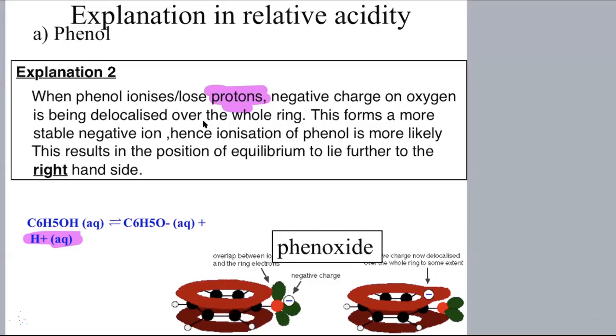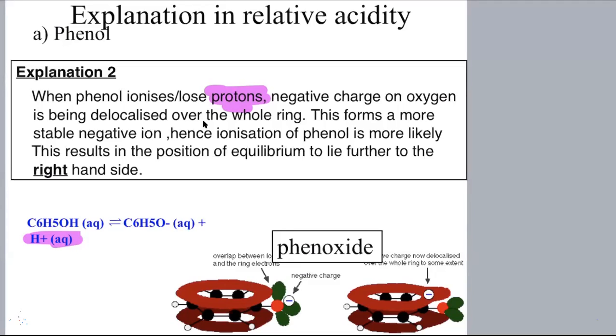How strong is that negative charge in attracting the H+? If it's a strong negative charge, it attracts the H+. That means the reverse reaction happens. More reverse reaction happens, less acidic. What did I say? Actually, I don't remember it now.